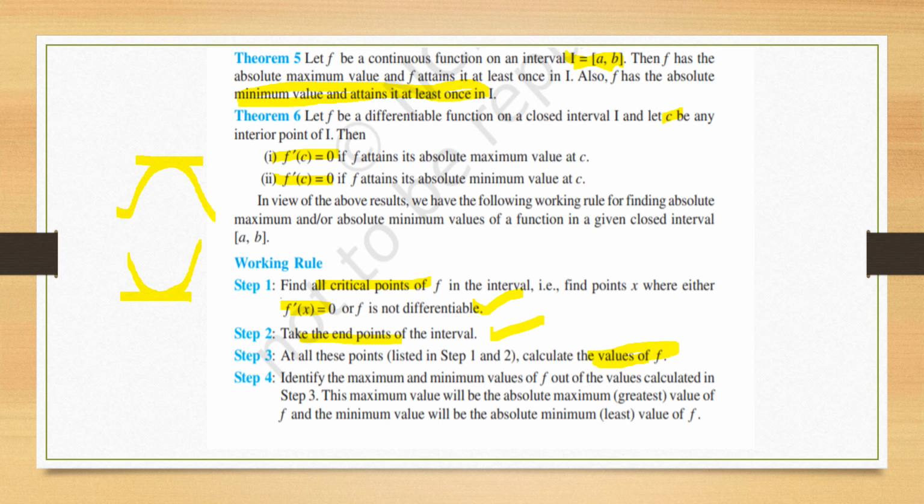Now identify the maximum and minimum out of these. The greatest value will be the absolute maximum, and the least value will be the absolute minimum.